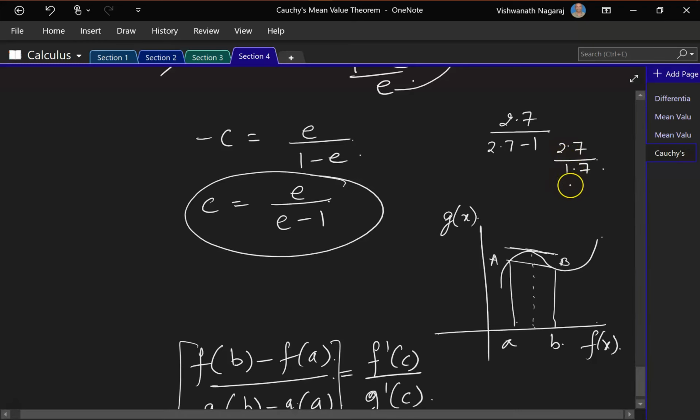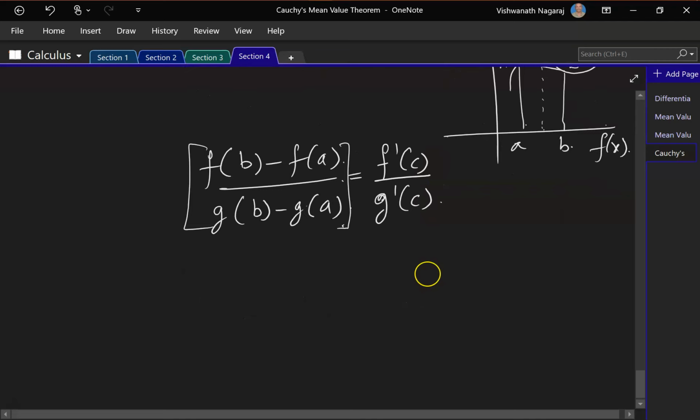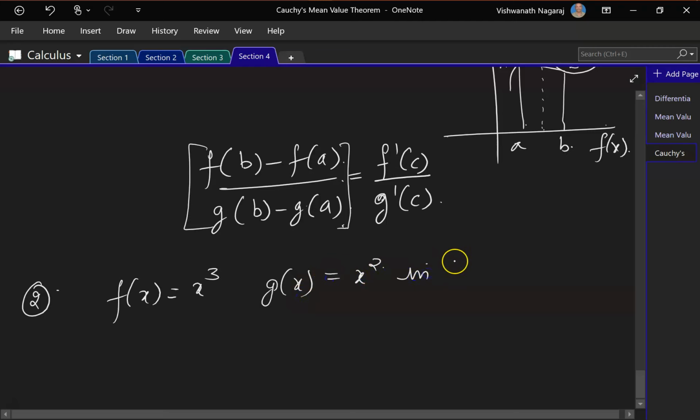If you do the division, it will be 1 point something. So just that much is telling you that it is between 1 and e. Okay, now let's take another problem. Let's say f of x is equal to x cube, g of x is equal to x square in the interval 1, 3.